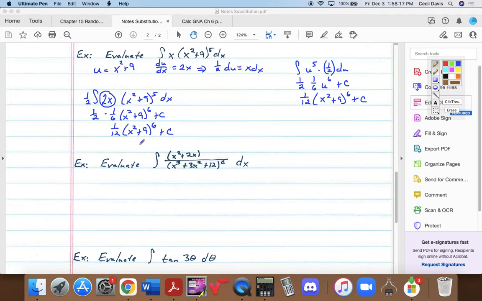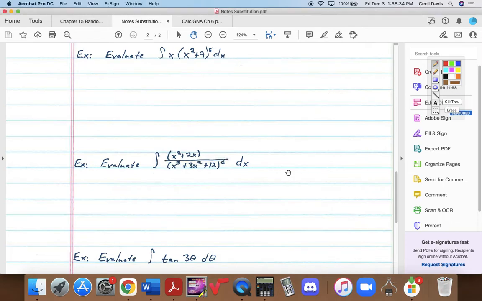So this whole process is antiderivatives. We're doing antiderivatives. And you can always check it to see if it's correct by taking the derivative. You good? Okay. All right. Let's take a look at this one.